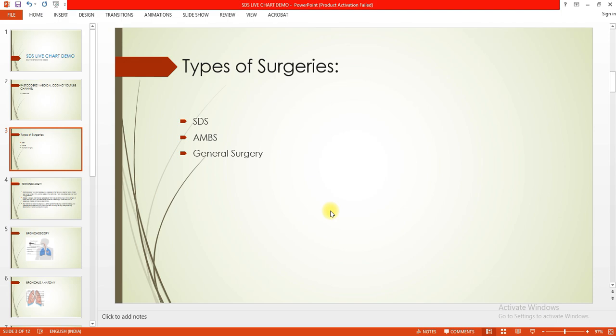Next. Does anyone know the types of surgeries, guys? What is the difference between SDS, AMS, and general surgery? Anyone knows? You can try your best if anyone knows that. SDS means outpatient surgery, like same day admit and discharge. Okay, fine, that is same day surgery.